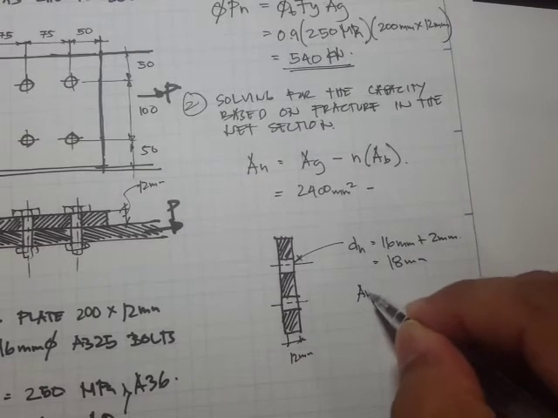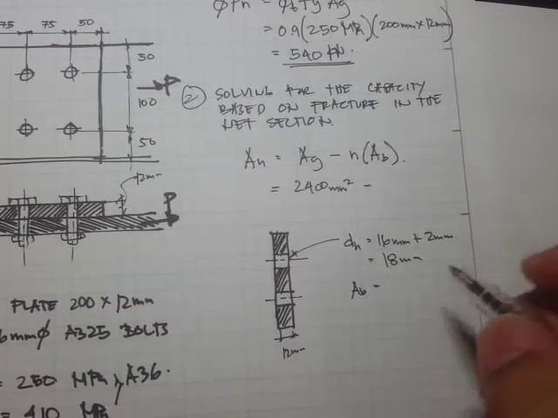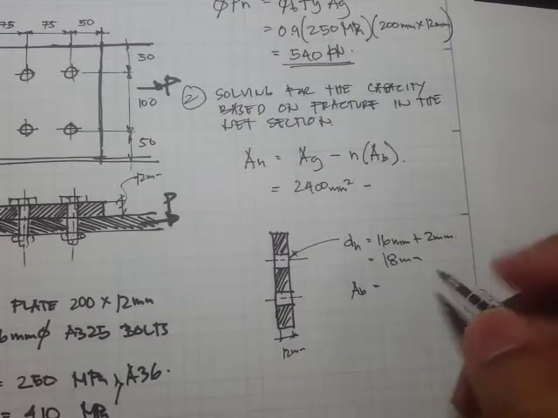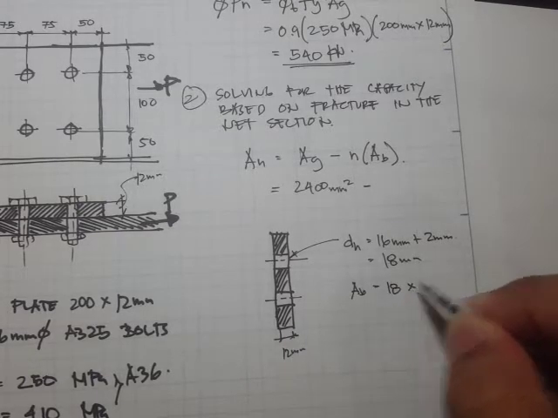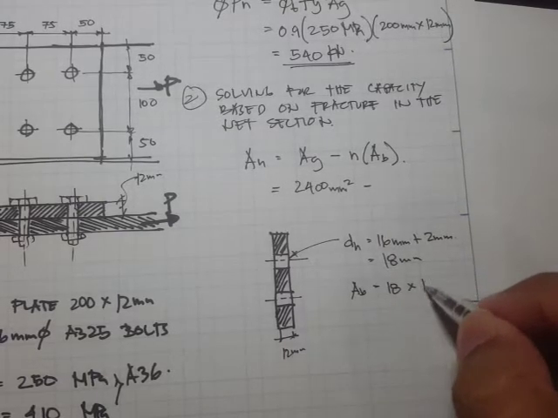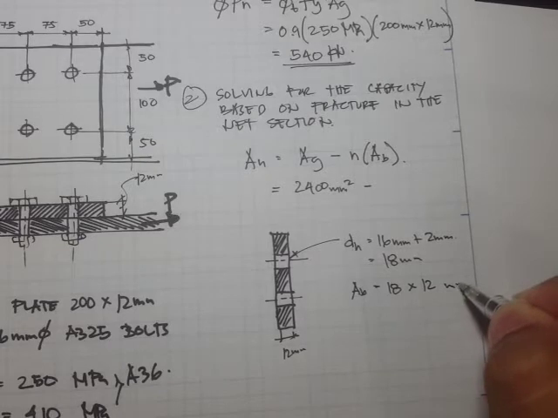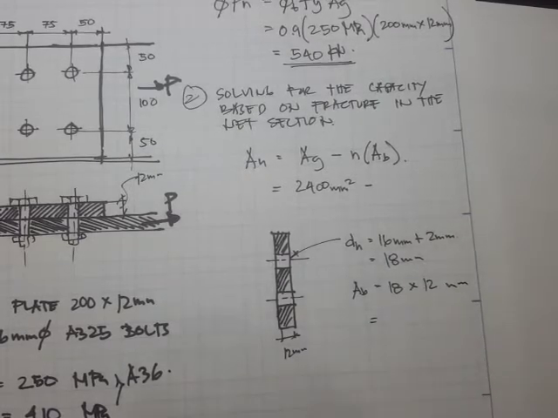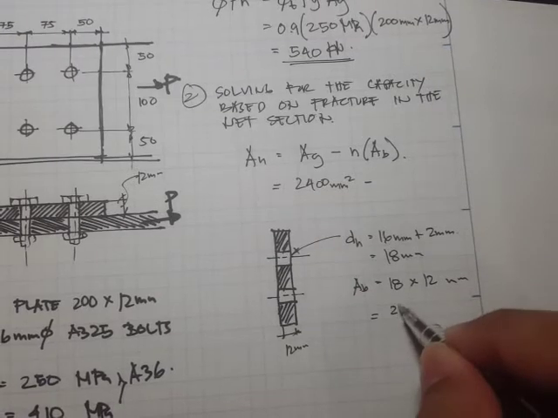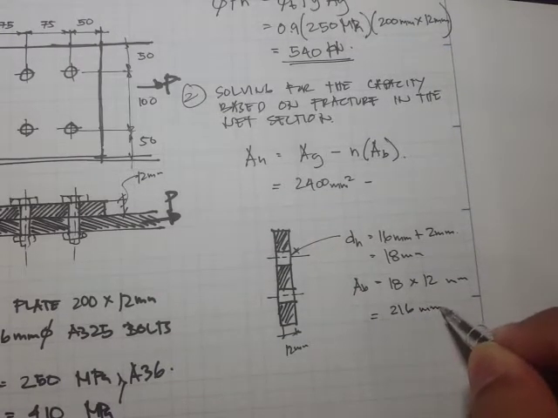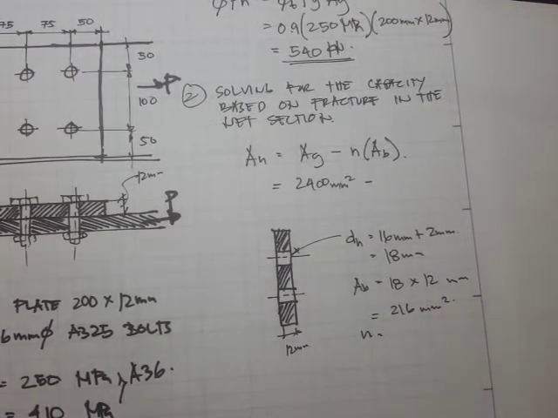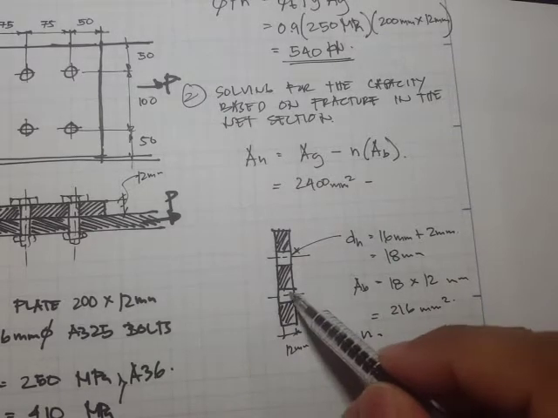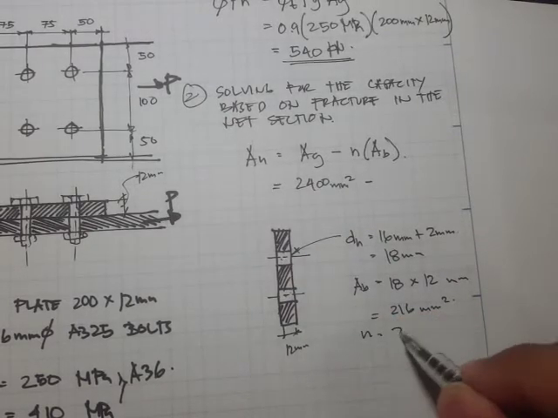Therefore, the area of the bolt hole would be 18 times the thickness, which is 12. So 18 times 12 is 216 mm squared. The number of bolt holes in this section is 1, then 2.